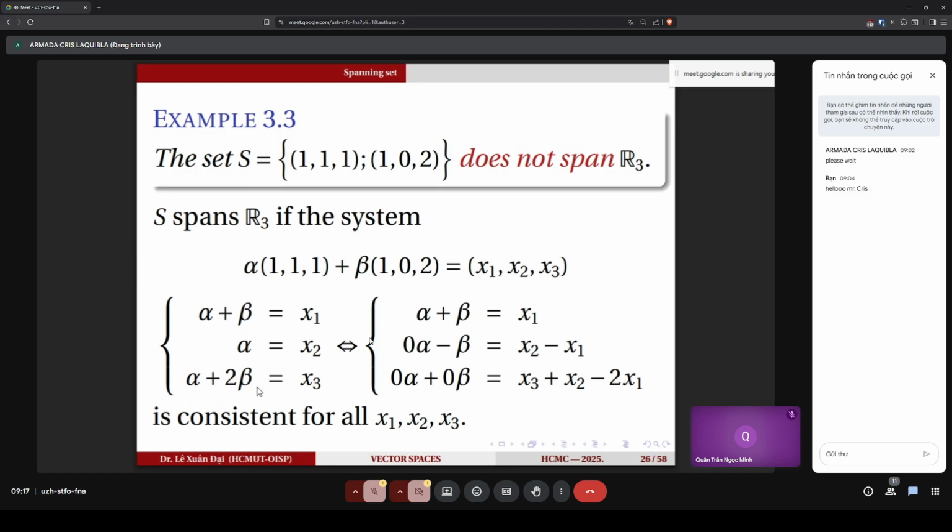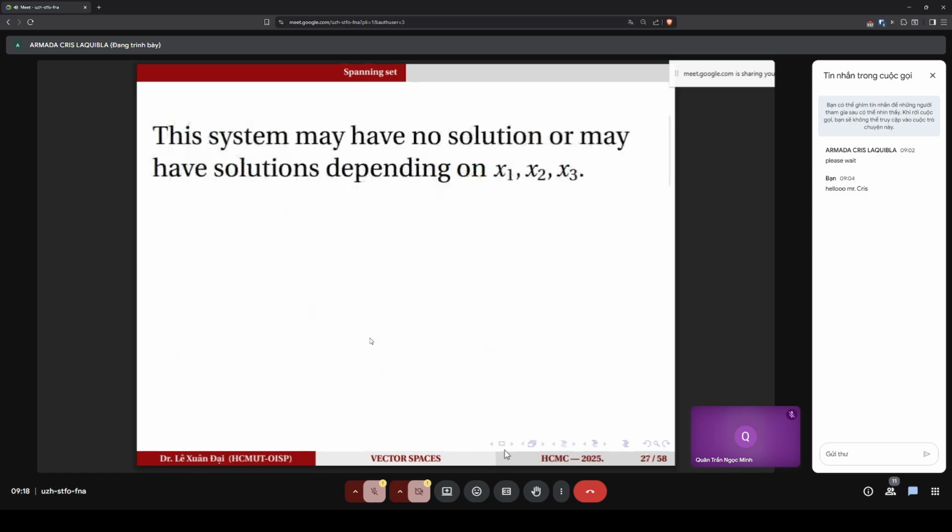Now subtract it in the third row. We have 0 alpha plus 0 beta, and we have x sub 3 plus x sub 2 minus 2x sub 1. Okay. So it's consistent for all x sub 1, x sub 2, x sub 3.